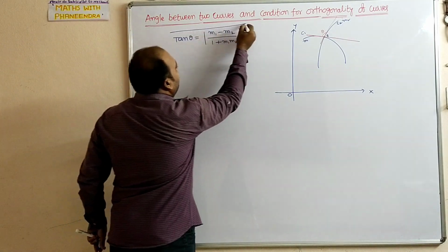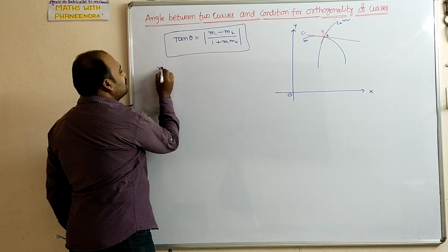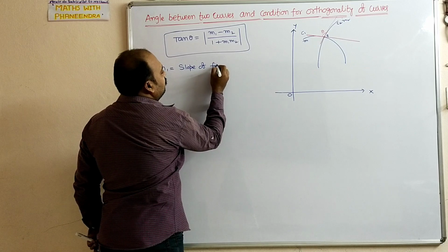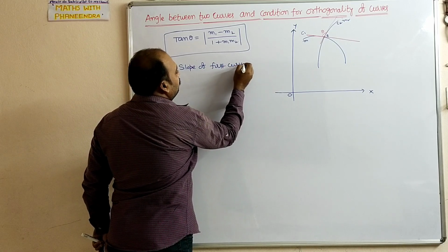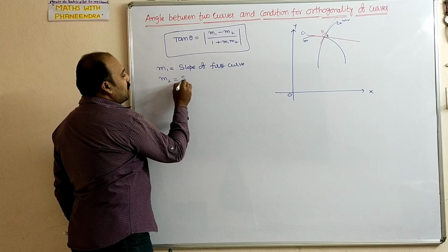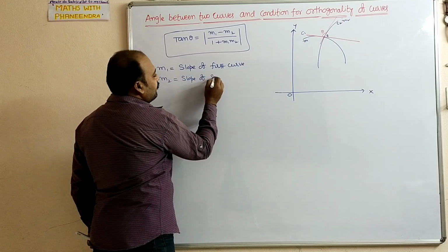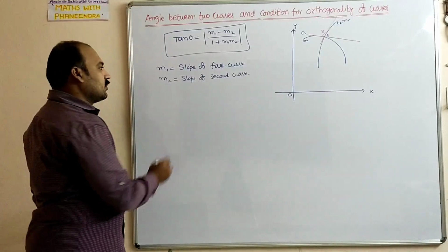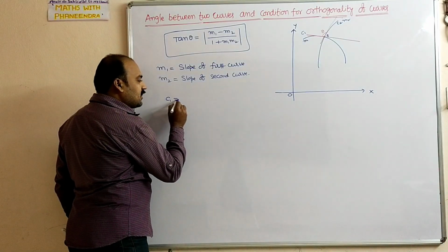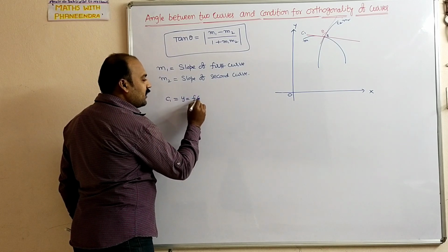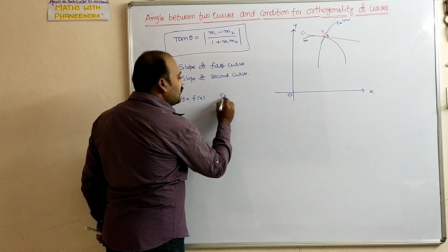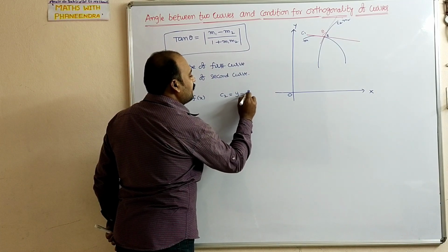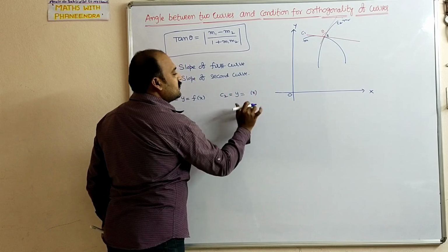Here m1 represents the slope of the first curve, and m2 equals the slope of the second curve. Here C1 represents the first curve, which I am assuming is y equals f of x. C2 is the function y equals g of x.